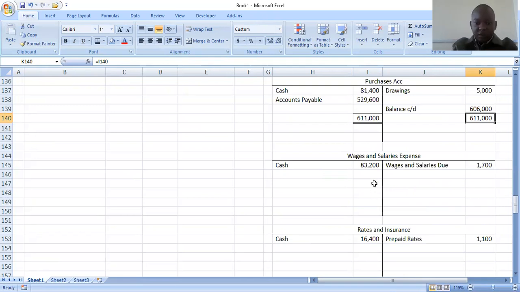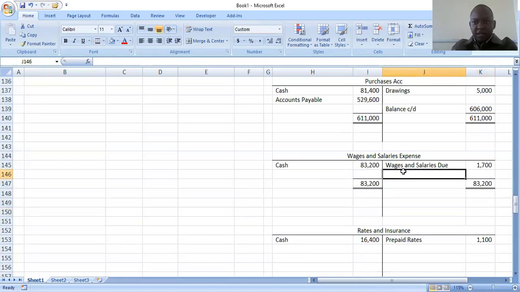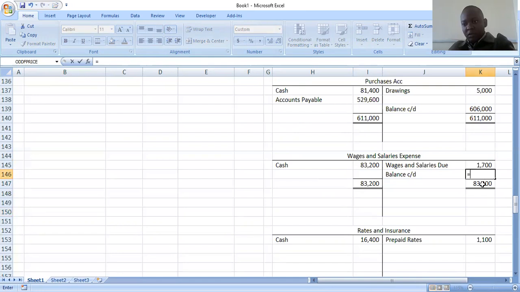Then wages and salaries due. Total of both sides, we take the heavier total, equal on both sides. And the balance of wages and salaries expense, that is balance carried down, should be equal to 83,200 minus 17,700.